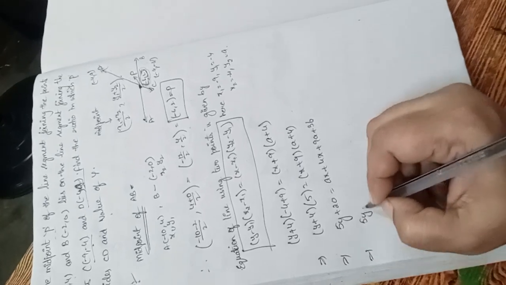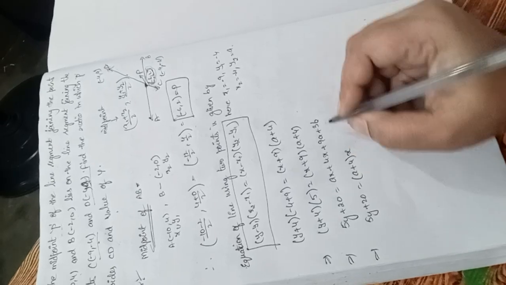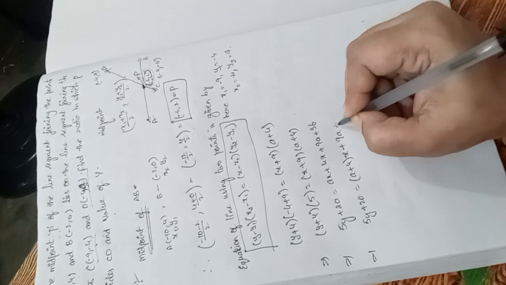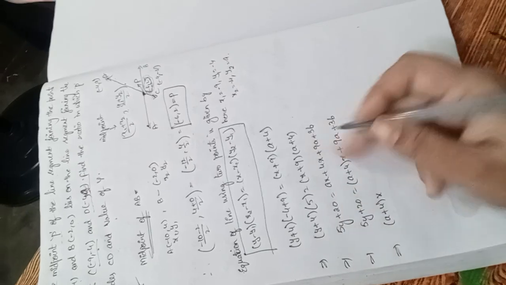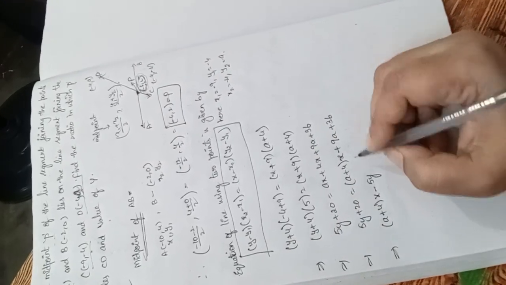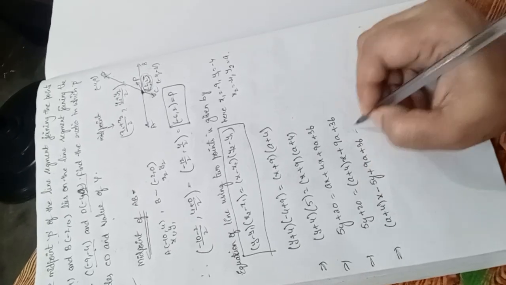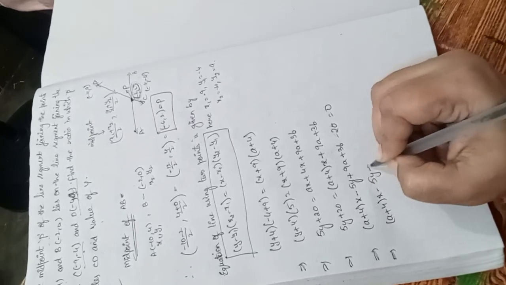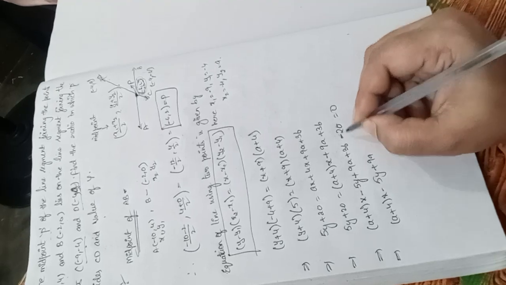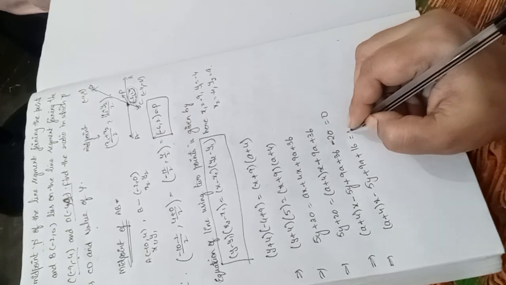Which implies 5y plus 20 equals, in these two terms x is common, so (A plus 4) remains if you take x common, plus 9A plus 36. Bring this to the other side: (A plus 4)x minus 5y plus 9A plus 36 minus 20. How much will you get? Plus 16, which equals 0.